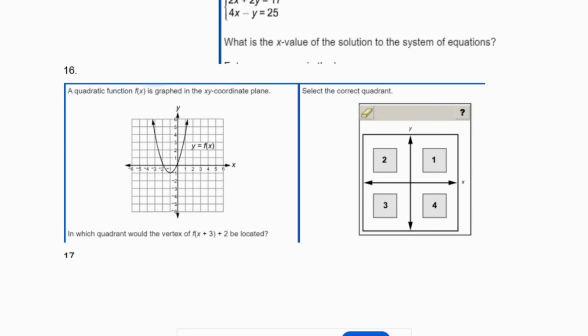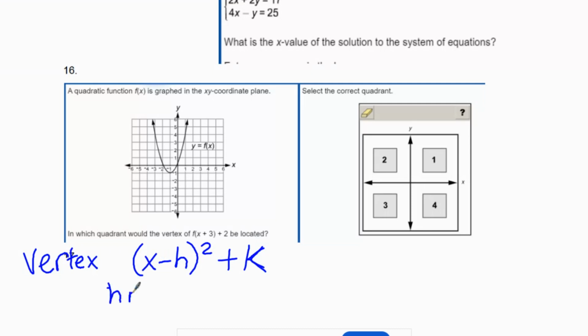So I'm going to remind you about the shifts of parabola. The vertex form of a parabola, remember, was x minus h squared plus the k. Remember what the h did. The h moves it side to side.